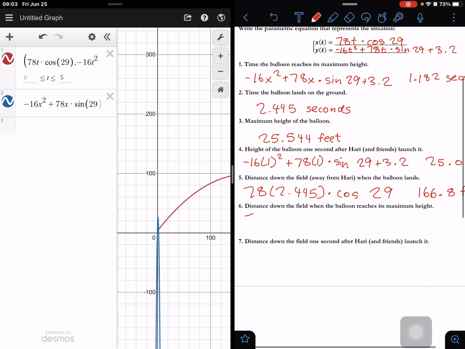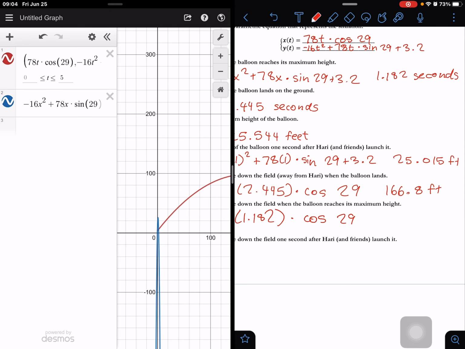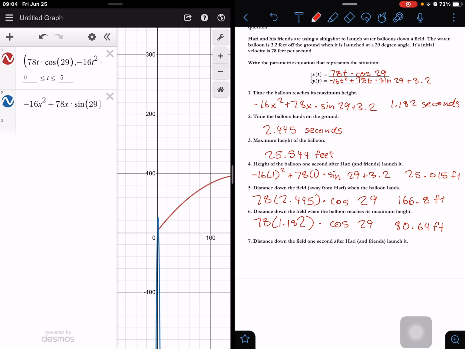This would be 78 times 1.182 times cosine of 29, which is roughly 80.64. 80.64 feet is the distance down the field when the balloon reaches its maximum height.